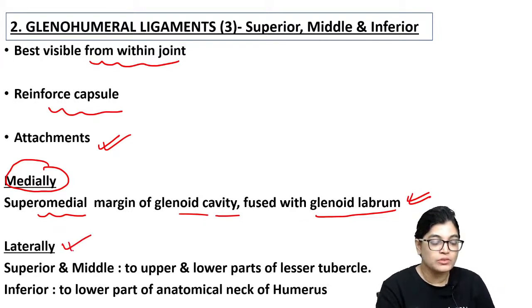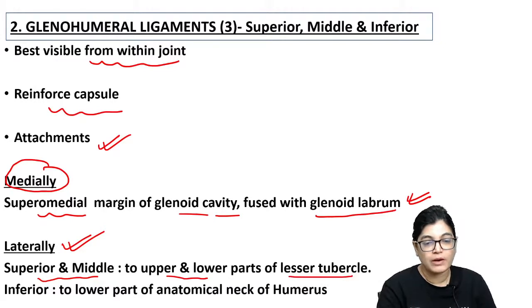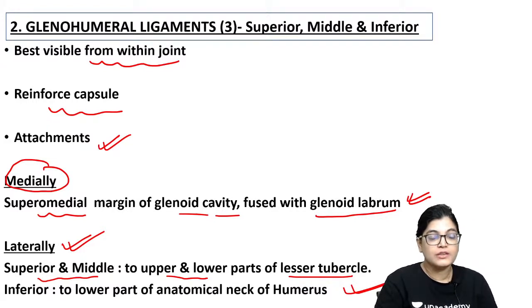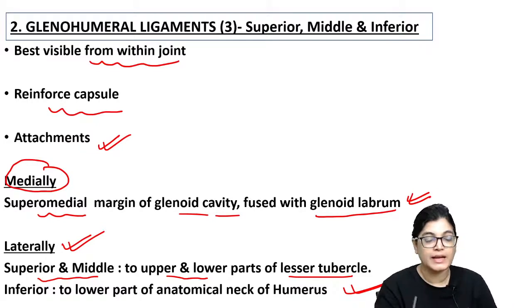Now moving on to the lateral attachment. The superior and middle parts are attached to the upper and lower part of the lesser tubercle, and the inferior is attached lower down onto the anatomical neck of the humerus. So the first thing is the medial attachment, which is similar for all 3 parts, fused with the glenoid labrum.